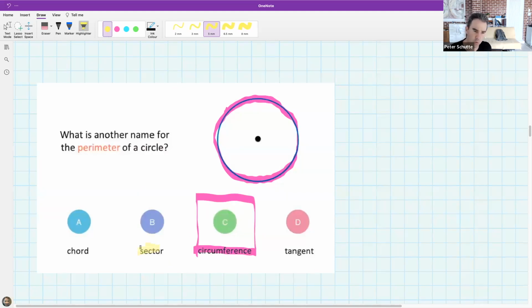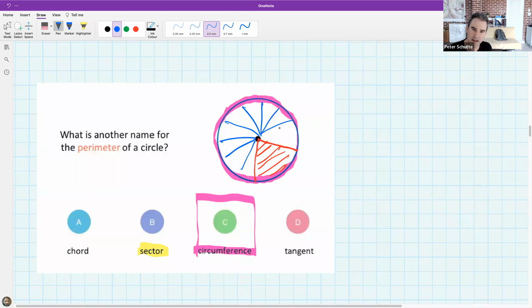But I want to show you what a sector is. A sector is when you have two radii that come out like this, and they cut off, almost like a piece of pizza. So this bit over here that I'm coloring in is called a sector. And you also have what's called a minor sector, and then the major sector would just be the rest of the pizza.